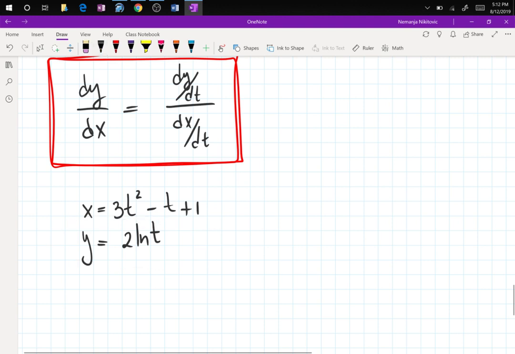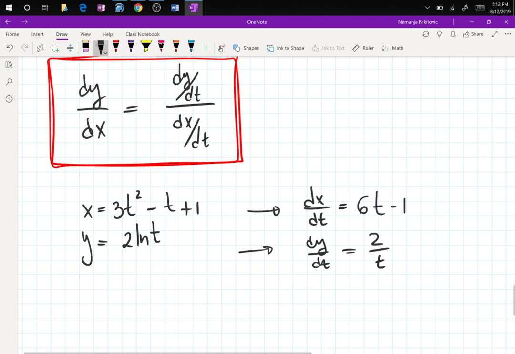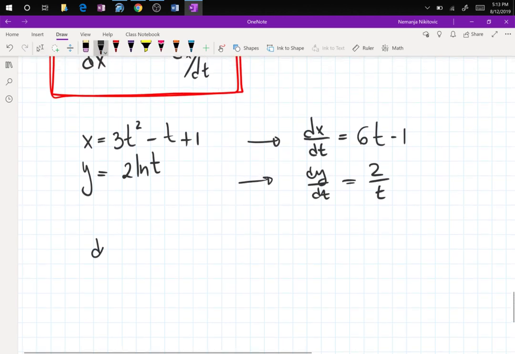Because it's dy/dt divided by dx/dt, so when you find your dx/dt, you just need to remember that this one goes in the denominator. That's 6t minus 1, and this one is dy/dt, and that's 2 over t. So when you are looking for the derivative over here, dy/dx, you have to put 2 over t divided by 6t minus 1. So that's the pitfall. Just make sure you are using the appropriate function in the numerator and the appropriate one in the denominator.